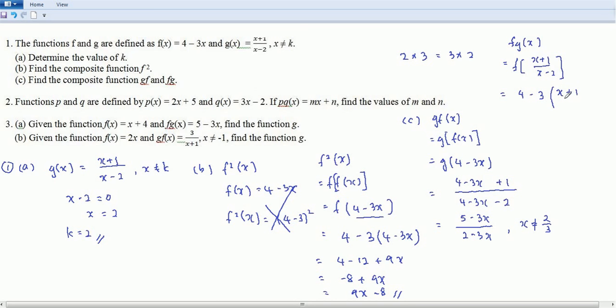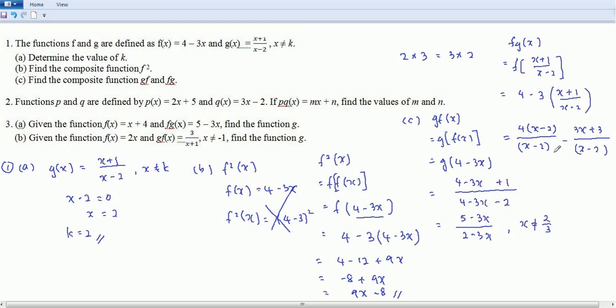Now the denominator for 4 is 1. We have to change the denominators to be the same first, then combine both fractions. So this one will become 4 times (x minus 2). This 3 I bring inside: 3x plus 3. I don't want to combine it first, later only I combine.